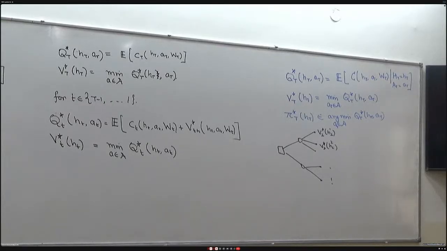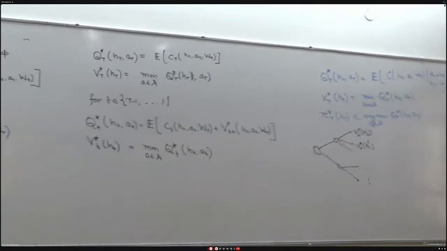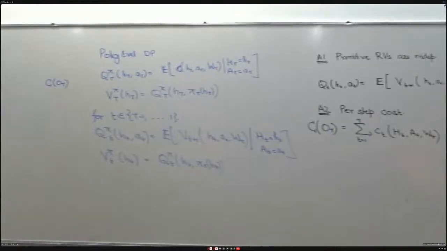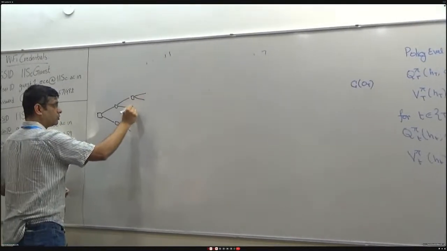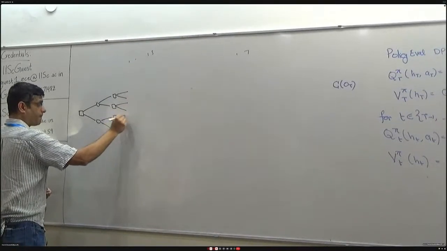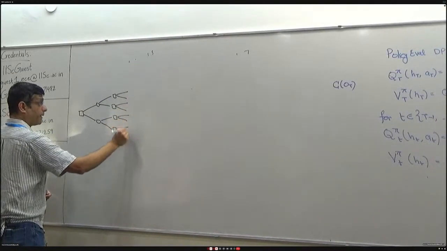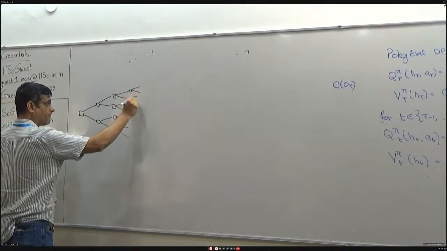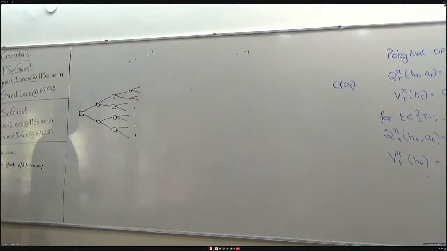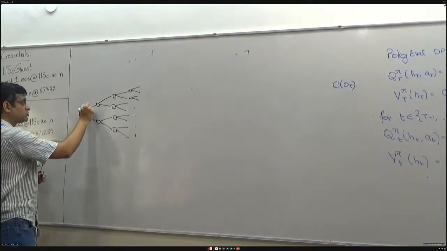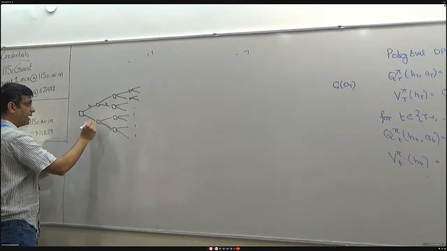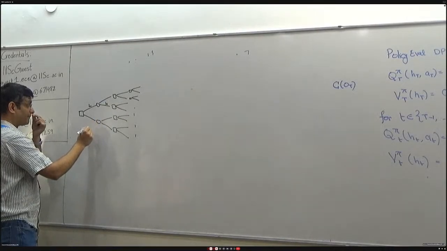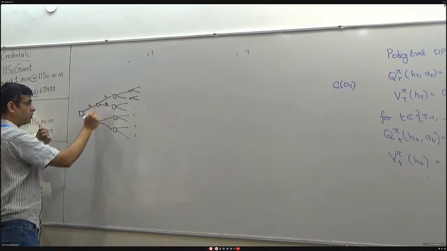So let's go back to this example. Starting with 0 state, I order high or low, nature decides high or low, then I order again high or low, and then nature decides high or low. Okay? And let's say my numbers are such that low followed by low is same as high followed by high.